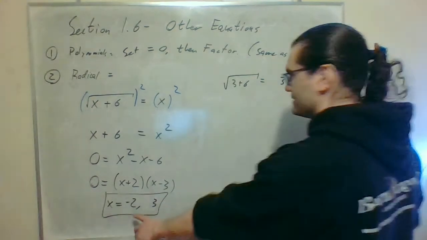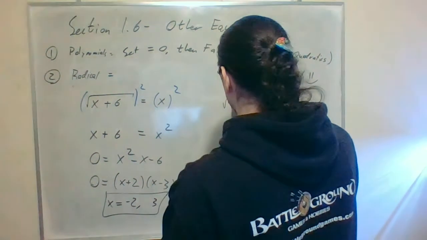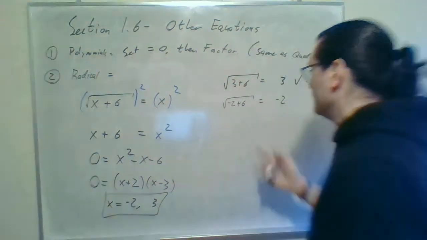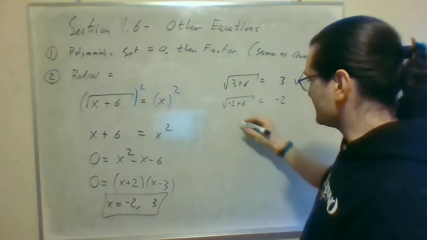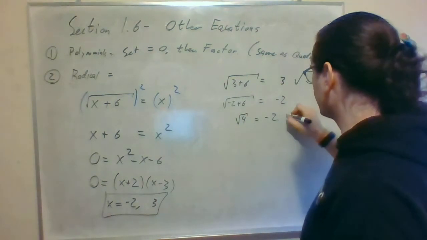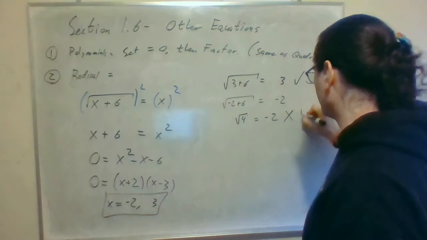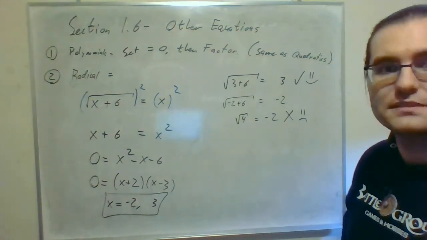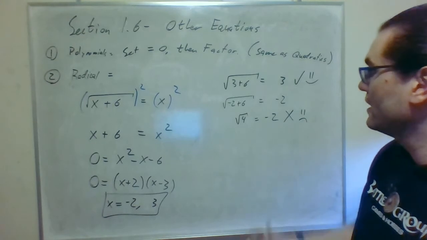If we try to plug in x equals negative 2, you get negative 2 plus 6 equals negative 2. So the square root of negative 2 plus 6, that's the square root of 4, equals negative 2. This is not true. The square root of 4 is not negative 2.